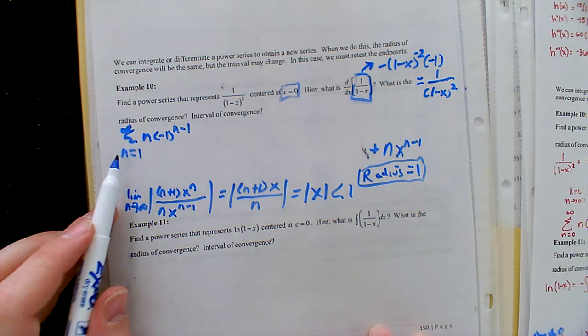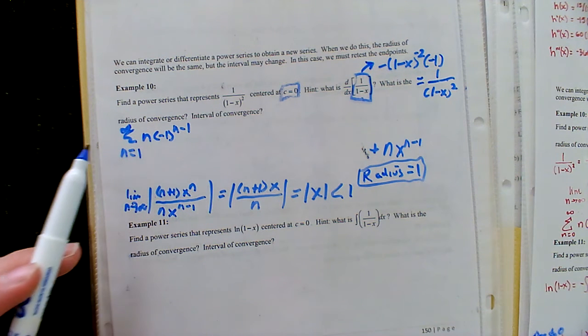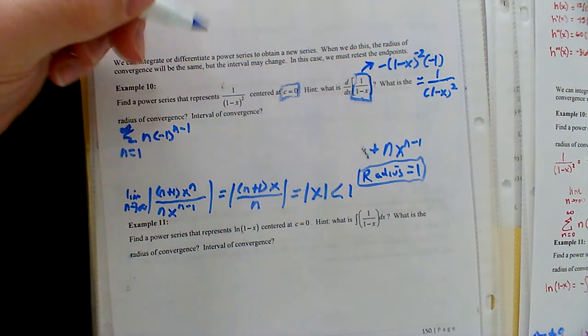So we're taking the summation from 1 to infinity of n times minus 1 to the n minus 1. Converge or diverge? Diverge.